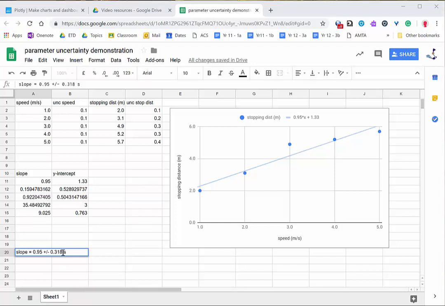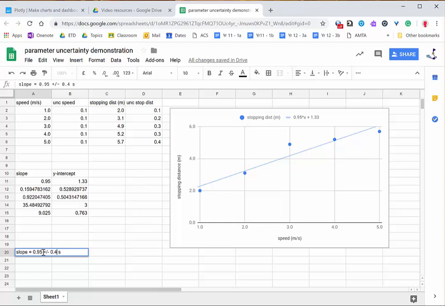But you can see here that my uncertainty has too many significant figures. We need to bring this right down to one significant figure, because if we're uncertain about the tenths unit, then we're also uncertain about the hundredths and thousandths. So we're going to round this up just to be safe.